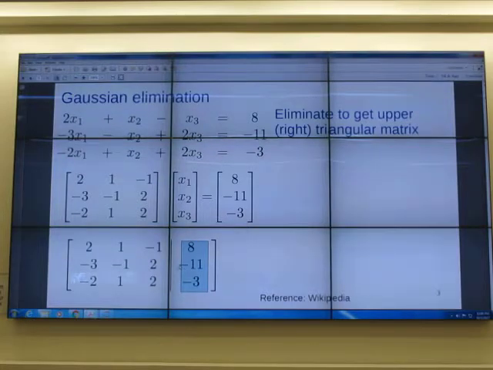So now we have the matrix of coefficients on the front, and we have the matrix of constants on that part. So this matrix is equivalent to these 3 equations. Coefficients go here, constants on the right side go here.